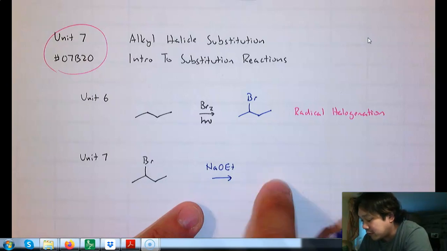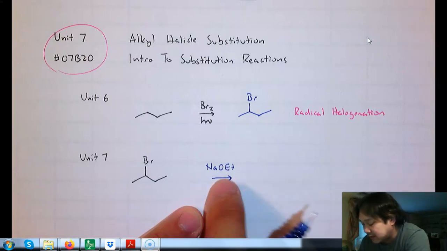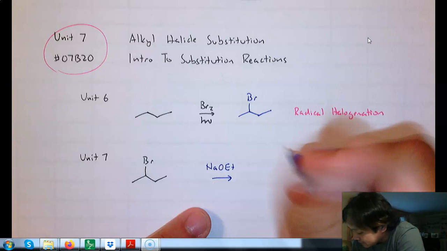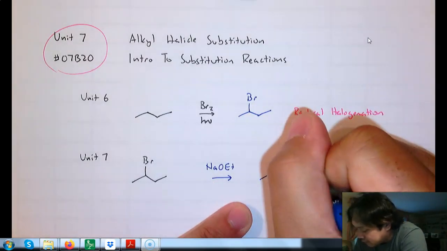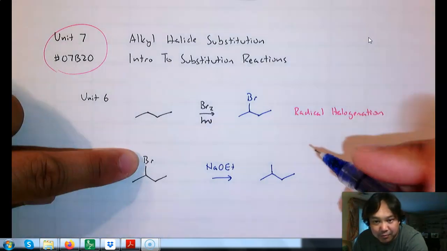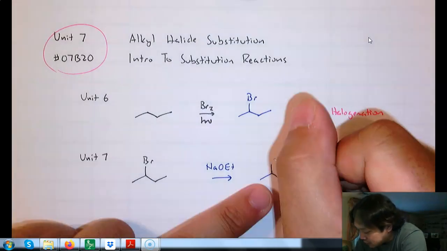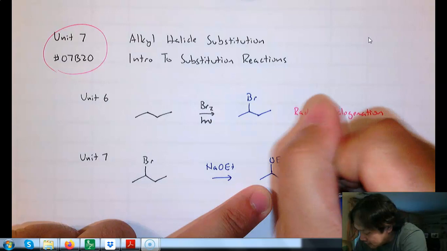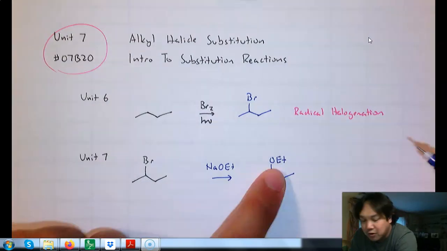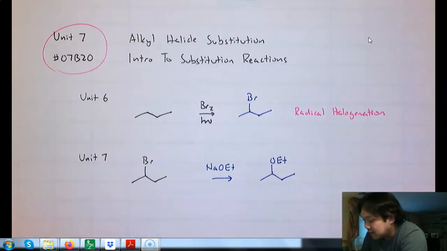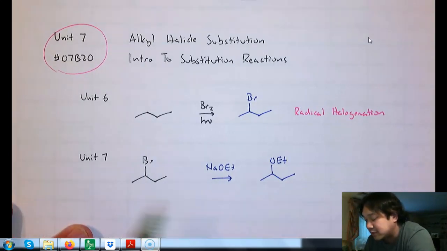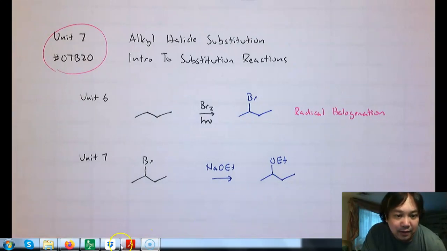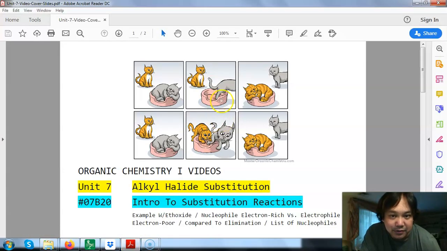Let me draw you the product, and then let me discuss a little bit about what's happening here. So the product is going to be this. Just replace the gray cat, which is the bromine, with the orange cat, which is the OEt, in the bed. So the cat bed is this alkyl group. Okay, so we did a substitution just like we see in this picture here.